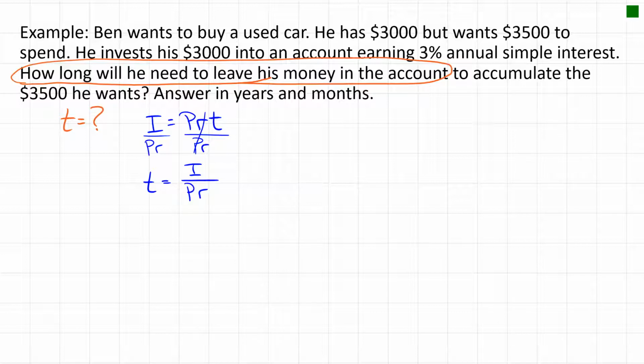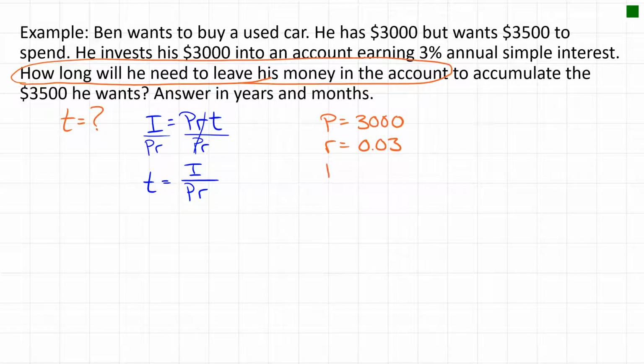And then to solve this equation, we just need to identify what is I, what is P, what is R. Well, to start with, we know that he's investing $3,000. So we could say that we know that P is equal to $3,000. And we know the annual interest rate is 3%, so we could say R is 0.03.